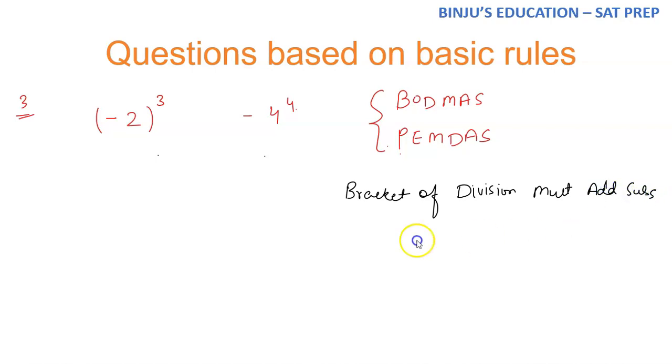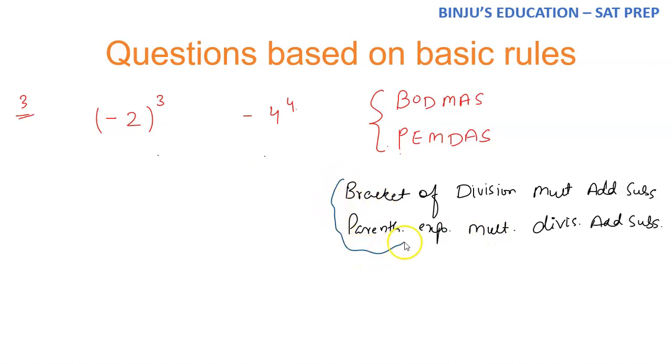And PEMDAS stands for parenthesis, exponent, multiplication, division, addition and subtraction. Now just realize a couple of things here. Parenthesis is just a fancy word for the term brackets, right? Parenthesis also means bracket, so there is no difference.